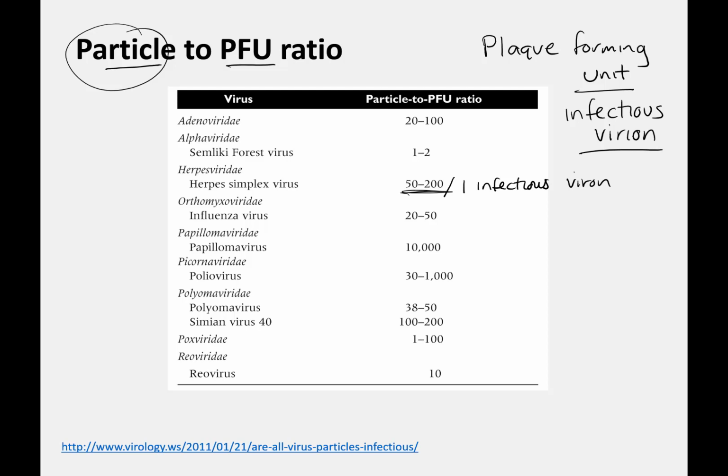but it also means that if there are advantageous mutations, the high mutation rate can be an advantage. If there's a mutation that allows the virus to escape the immune system, then that virus is going to be able to continue to replicate.